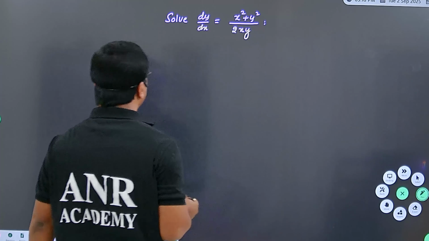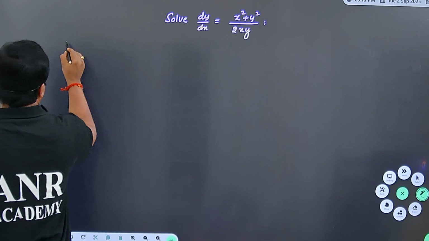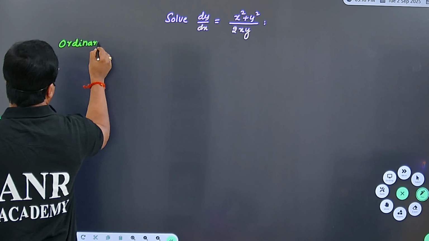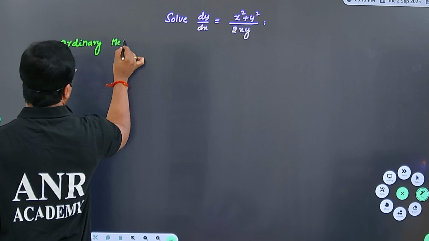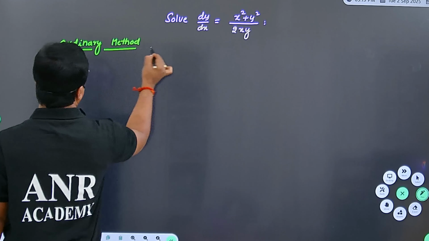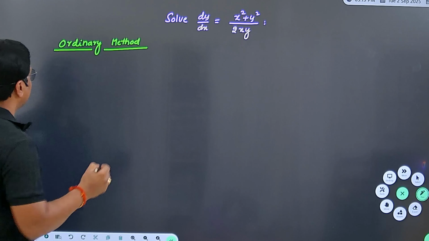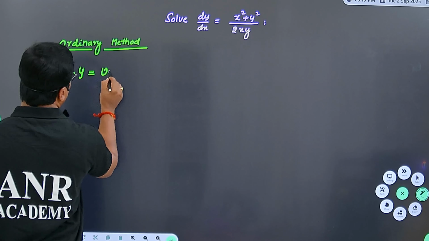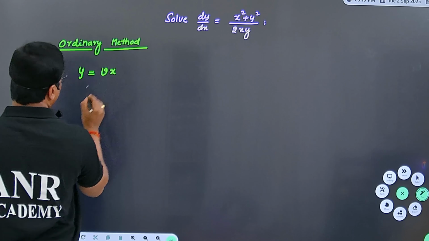Let us see. By the ordinary method, that is the substitution method, there you have to write y equal to vx. Let us substitute y equal to v into x.